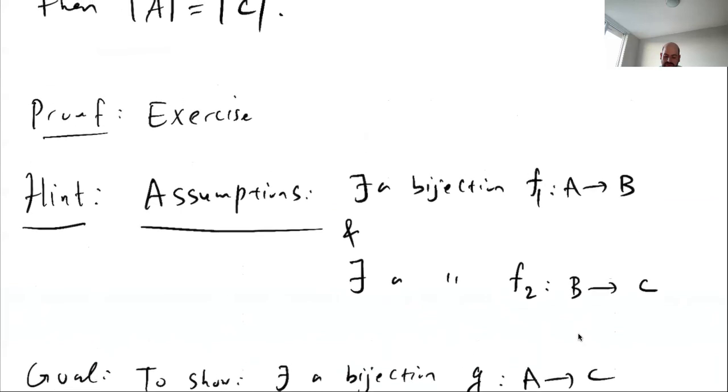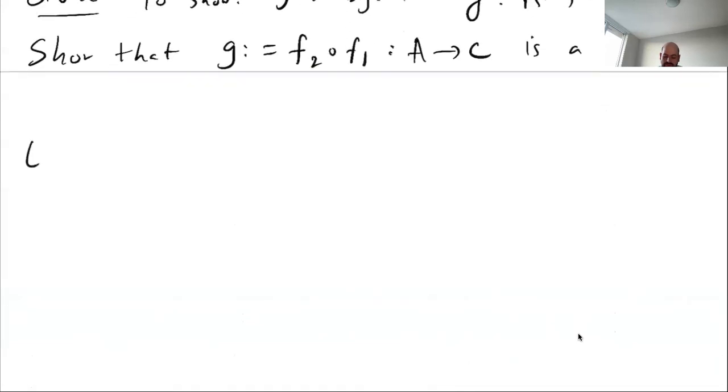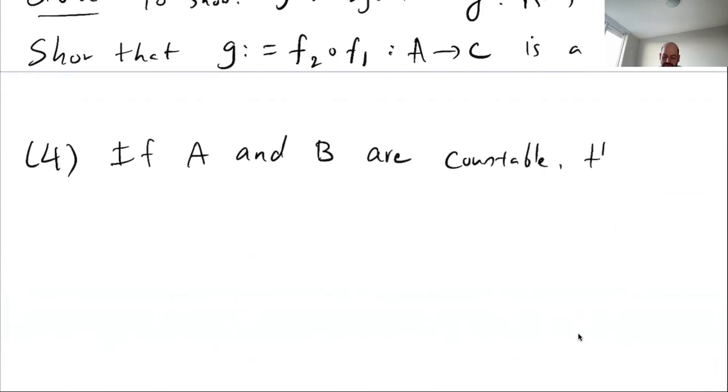All right, so this is another property. Now, another property of cardinality is that if A and B are countable, then A union B is countable. Okay, and what was the meaning of countable?